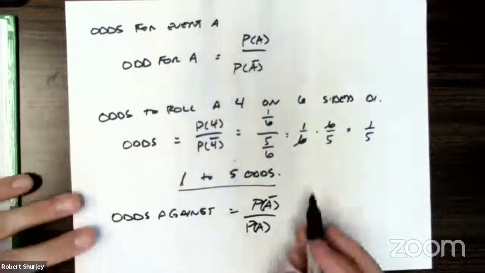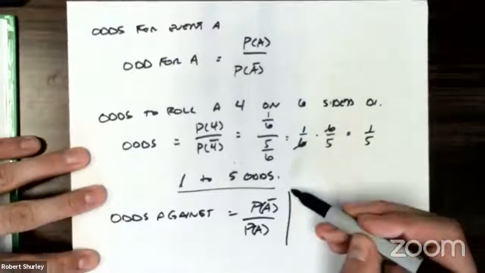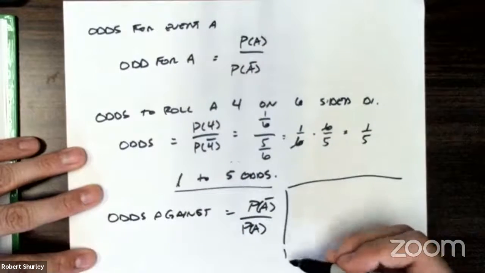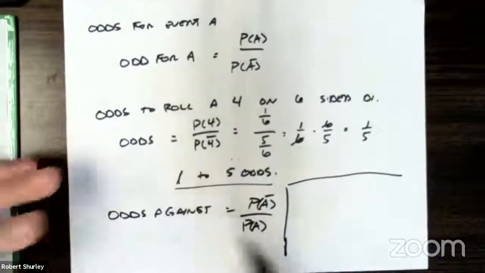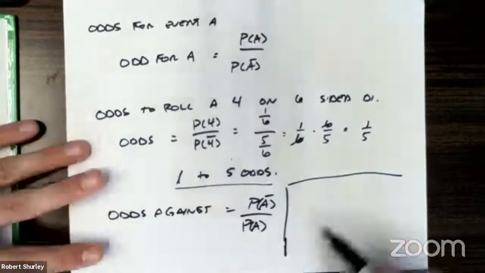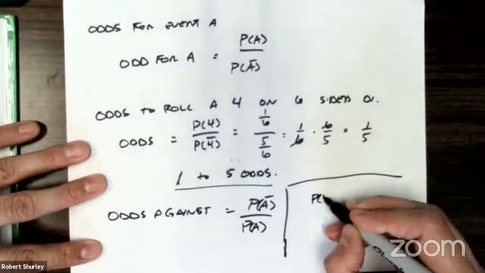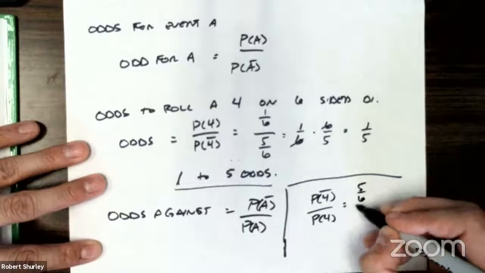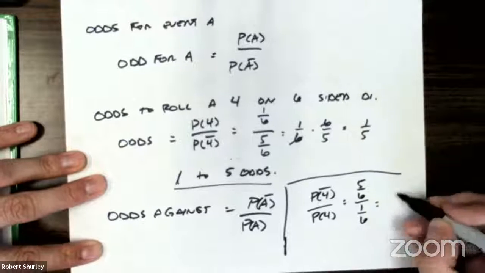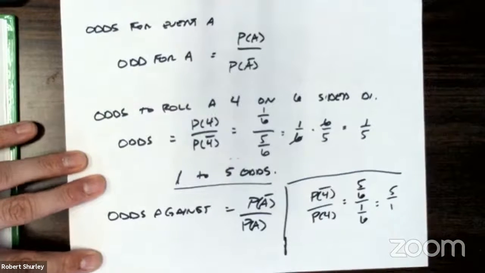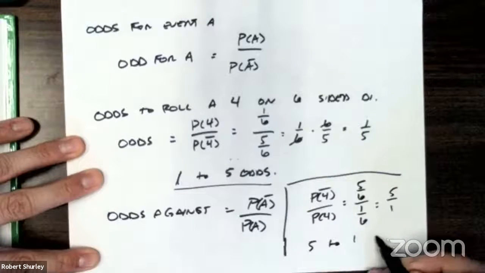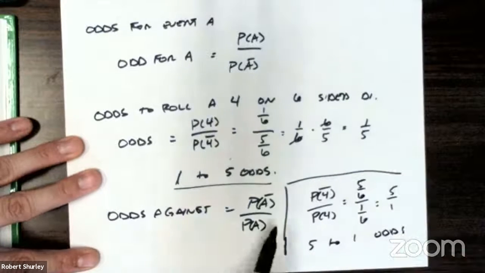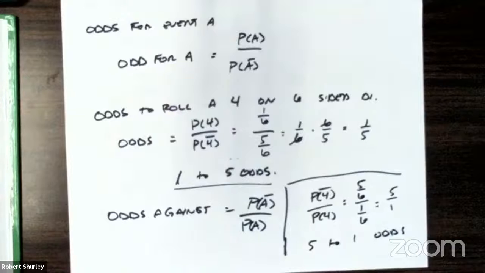So the odds against rolling a 4 would be not 4 over 4. So it's going to be 5 over 6 over 1 over 6. Now this winds up being 5 to 1. 5 to 1 odds of not rolling a 4.